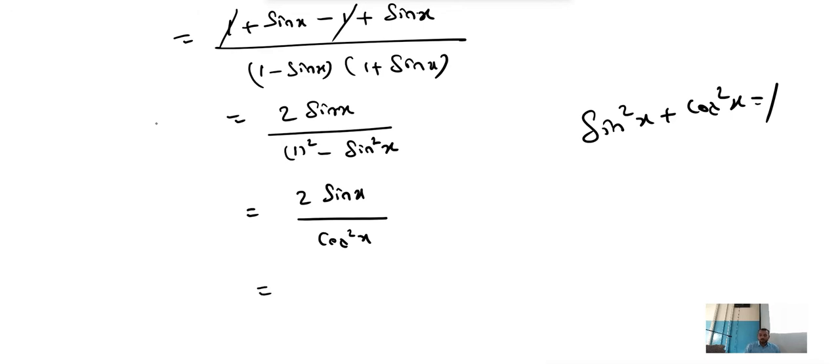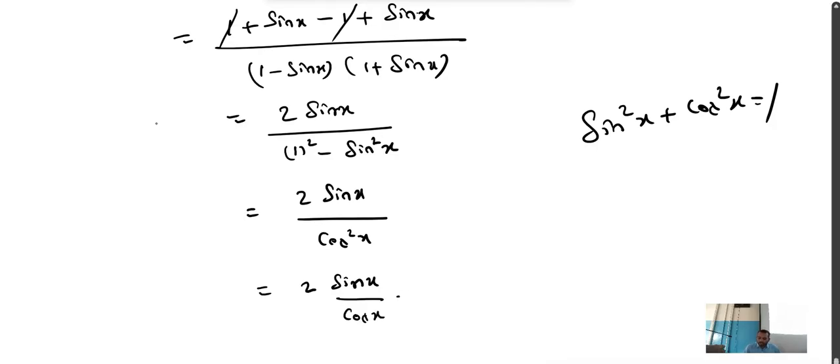Now, see children, the numerator is 2 sin x and the denominator is cos square x, which means we have 2 times cos in the denominator. So shall we split it? Shall we split it as 1 time cos x here into 1 by one more cos x here, because sin x into 1 is sin x only.